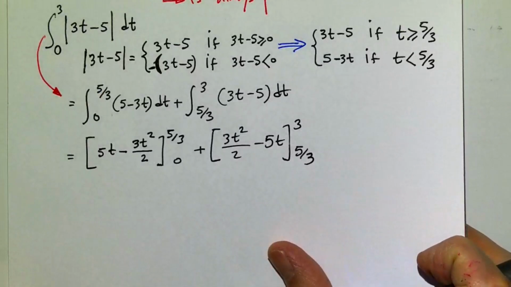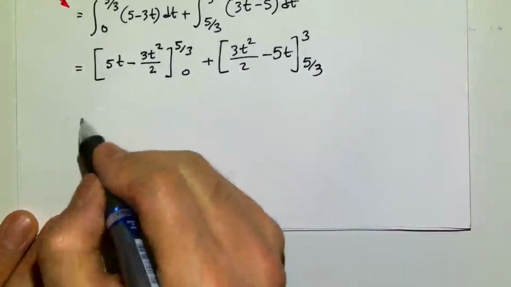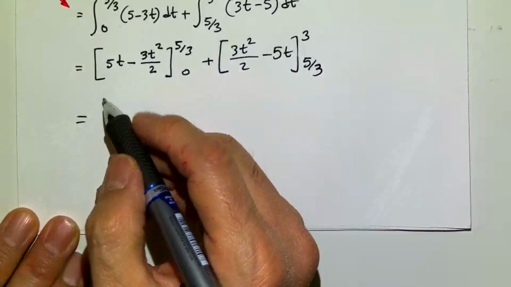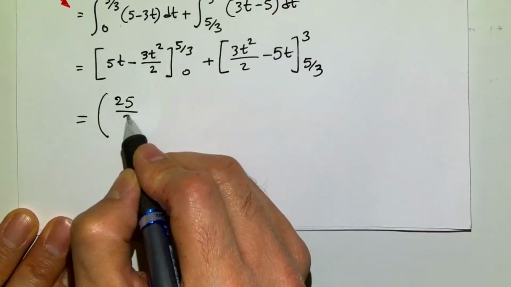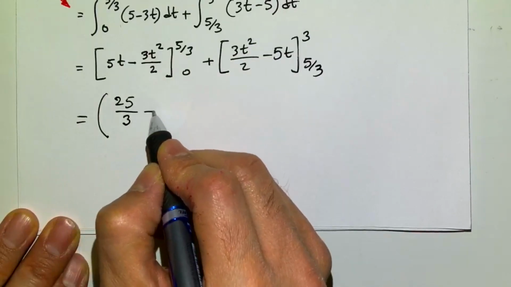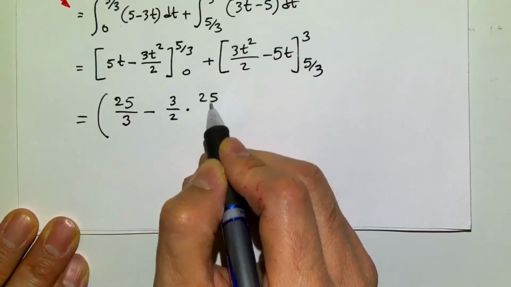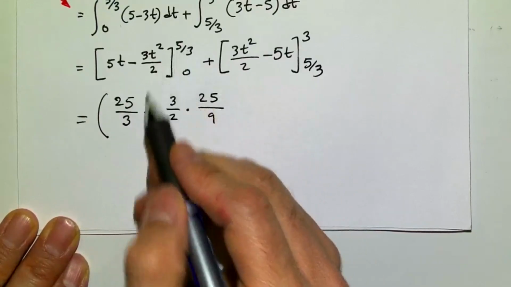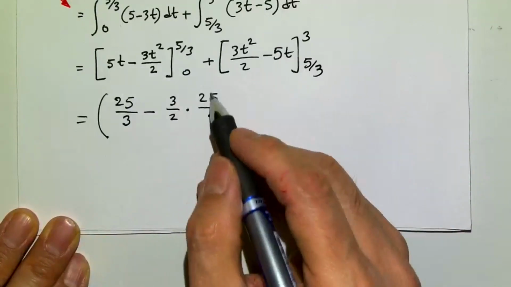Just double checking, making sure that I have it. Okay. So then after that, these are the quantities we should end up with: 25 thirds minus 3 halves times 25 over 9 after you plug in 5 thirds. The 0 part drops out, so let's ignore that.